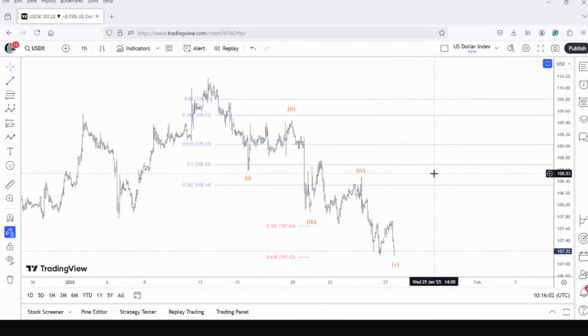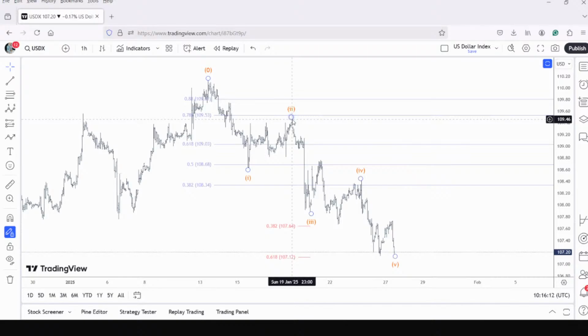So all in all, from a short-term trading point of view, for those who re-entered around 109.45, 109.50, maybe you can have a couple of hundred points booked partially at least, and keep some short positions open.